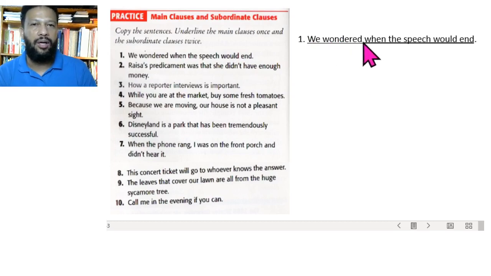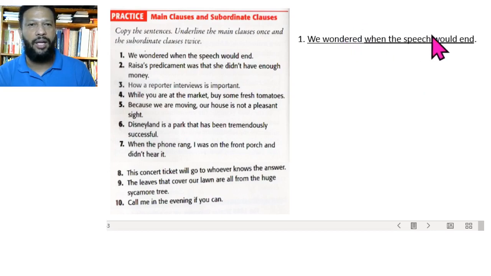We wondered is the independent part of the sentence, and when the speech would end is the subordinate clause. And this answers the question what we wondered. So it's a noun clause.